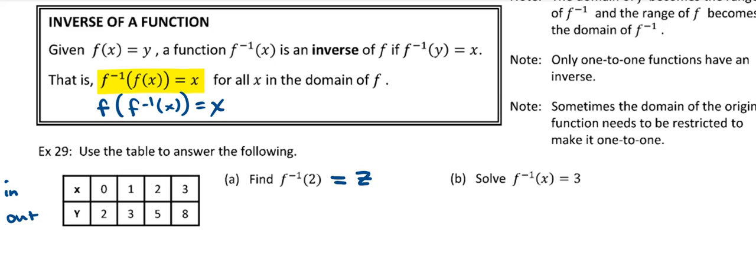So to get rid of inverse notation, I take the function and compose it with the inverse. If I do that to one side, I do that to the other.